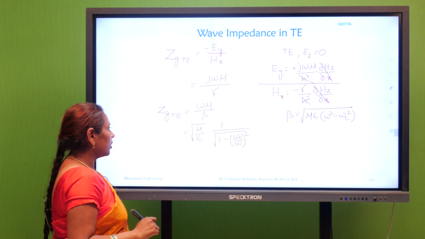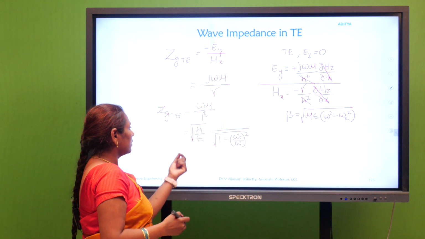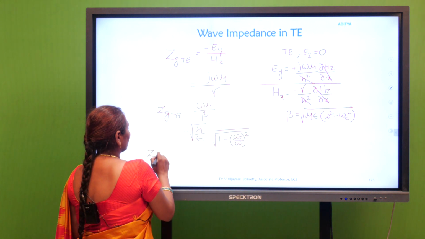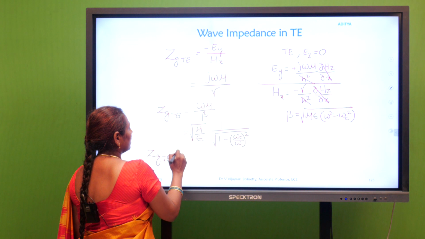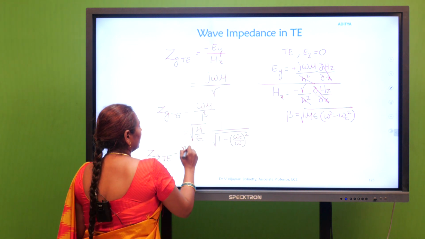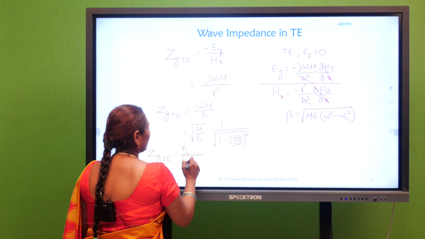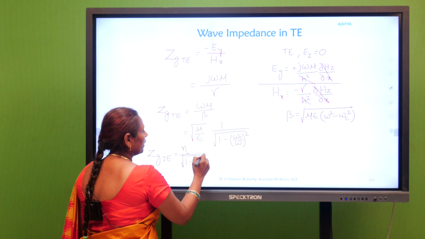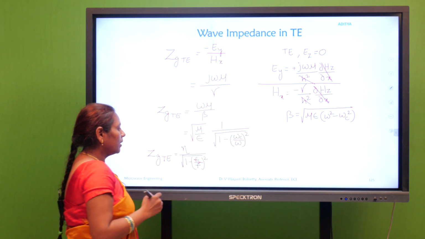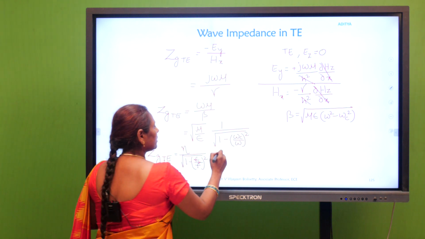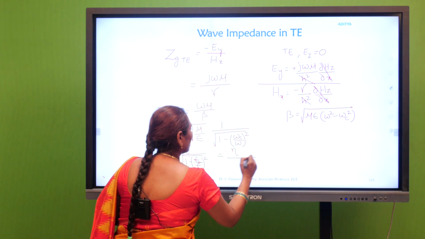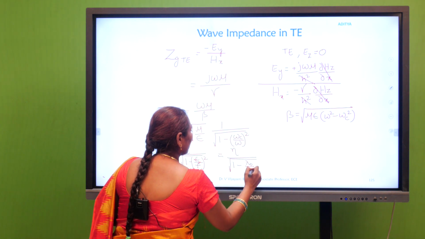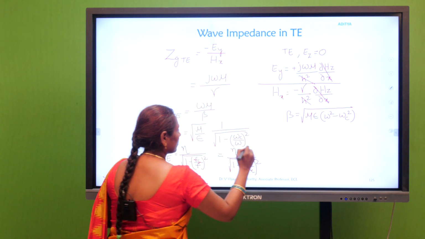So, if we consider this root mu by epsilon as the intrinsic impedance eta, we can write this ZGTE is equal to eta by root 1 minus omega c by omega, we can write it as fc by f whole square, or we can reverse this and write that it is equal to eta by root 1 minus lambda naught by lambda c whole square.